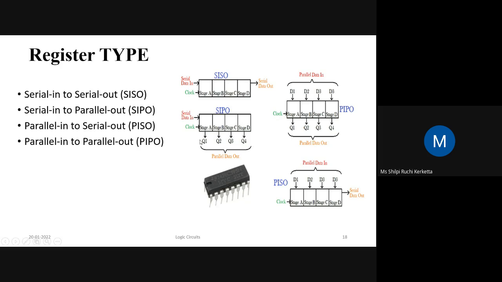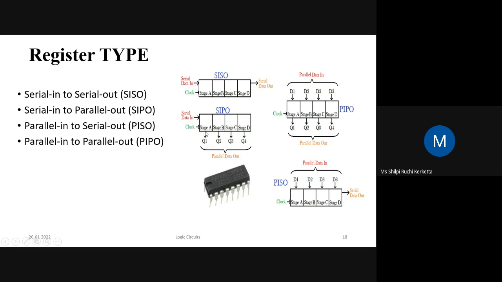But if four counters are there, and you people are in the queue, data will go in a serial way, one data at a time, but it will come out at the same time. If four ticket counters are there and each person goes to each counter, you can get the ticket done at the same time. So that is parallel out.